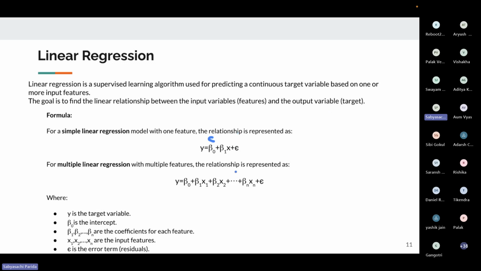Suppose this is a simple linear regression; that means we are assuming there is only one x variable, so beta naught plus beta 1 x. And epsilon is nothing but the error term or the residual. Epsilon is the noise within the data. Epsilon is y minus beta 1 x, minus beta naught.